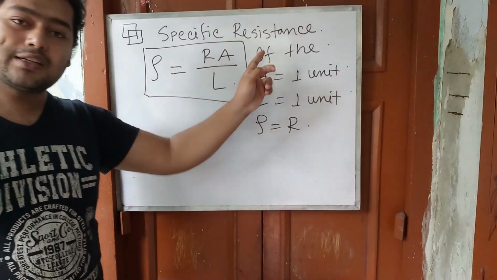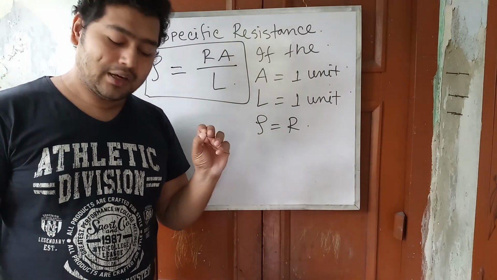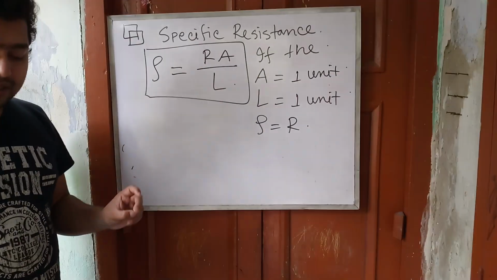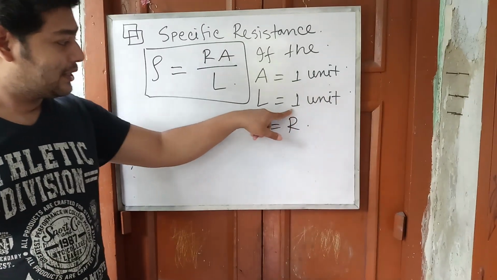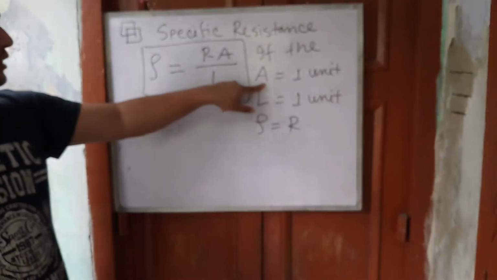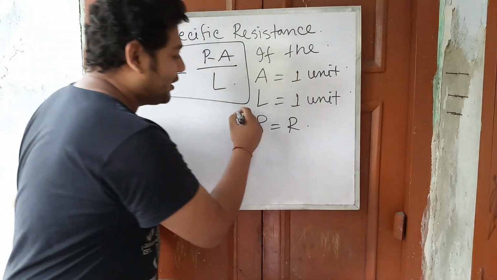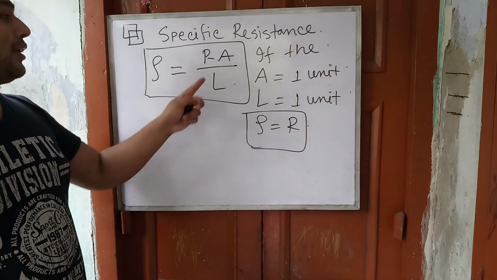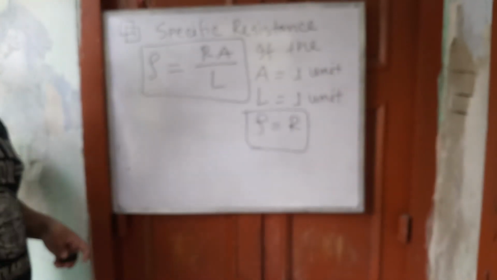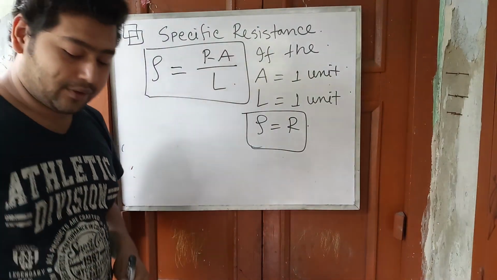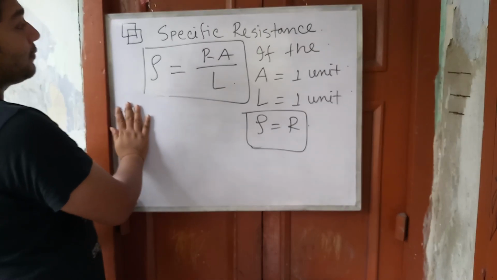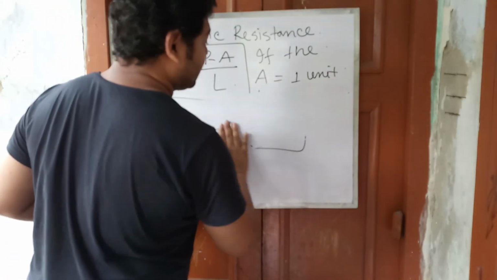At a particular temperature, the resistance of a conductor of unit length and unit cross-sectional area is called the specific resistance.